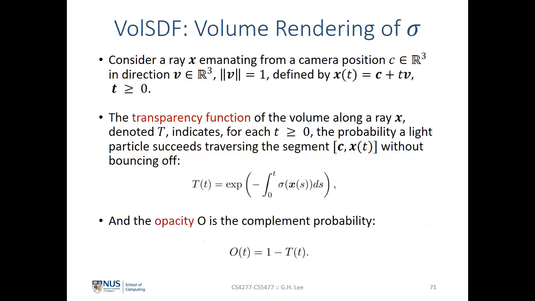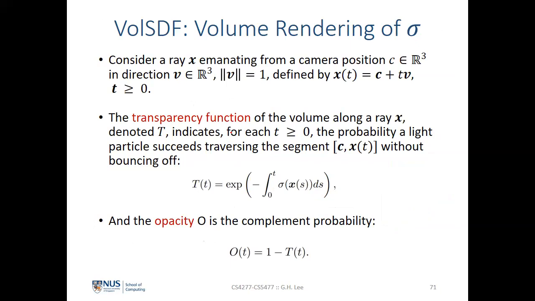Okay, and when you have this, you plug it into this. So the sigma here, this is the transmittance. And then they derive the rendering equation in the paper. The transmittance means how much light can be transmitted across.